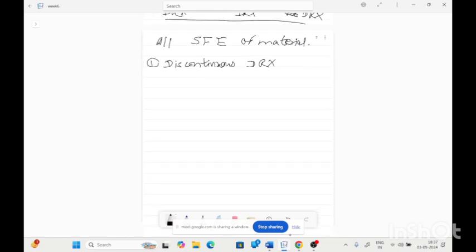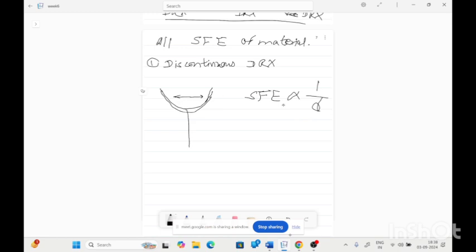Discontinuous dynamic recrystallization happens in materials which have low stacking fault energy. We studied in previous lectures that if a dislocation dissociates into two partials, the energy created due to the partials is called the stacking fault energy, which is inversely proportional to the width between these two partials.